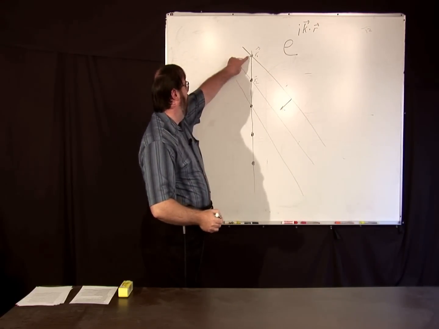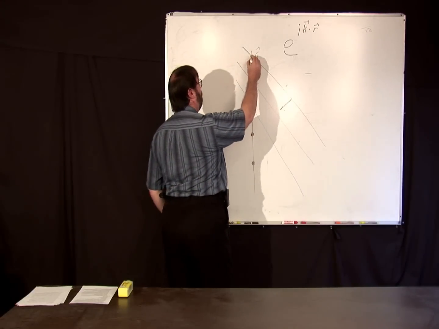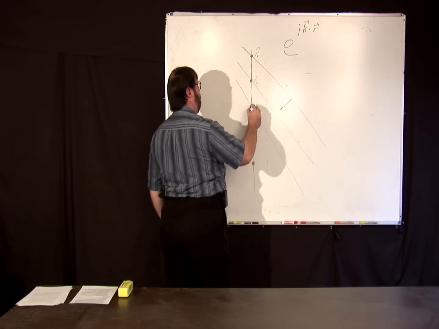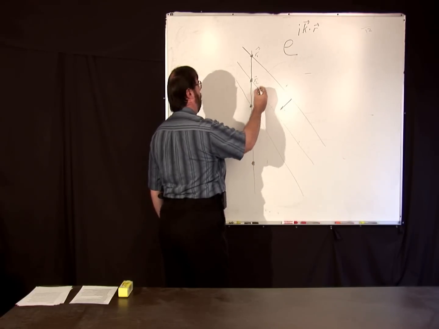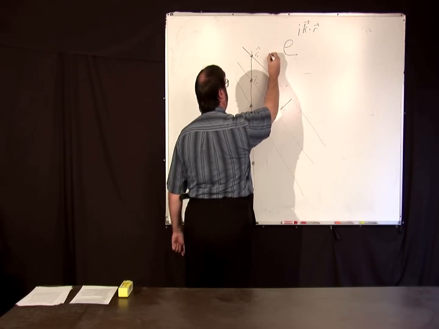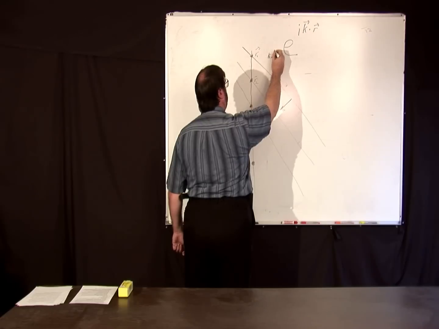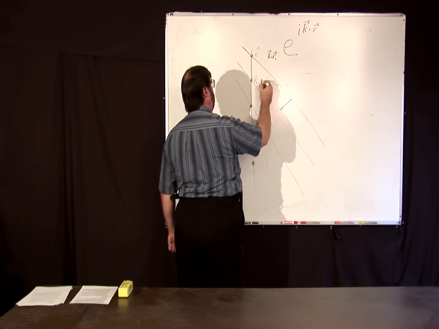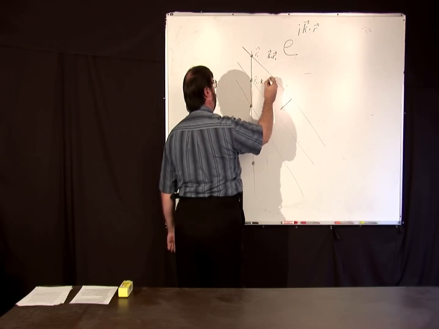So obviously the phase at each one of these points is k dot r. Like here, the phase is k dot r1. And here it's k dot r2.